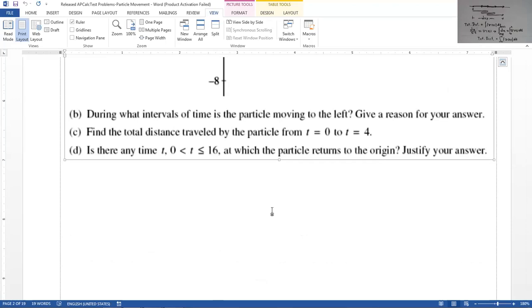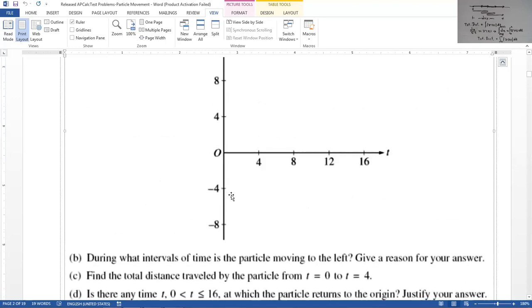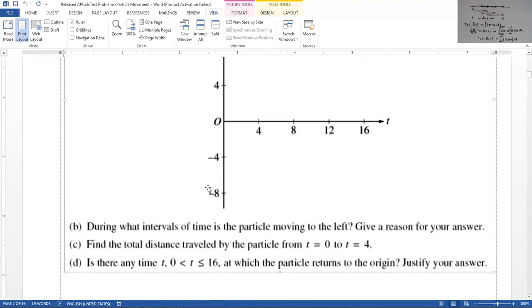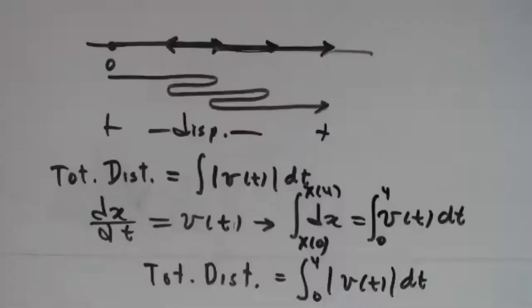Justify your answer. But how do you justify the answer? The area of the line above the x-axis is greater than the area below. Correct. Okay, so we have to go to the graph again.